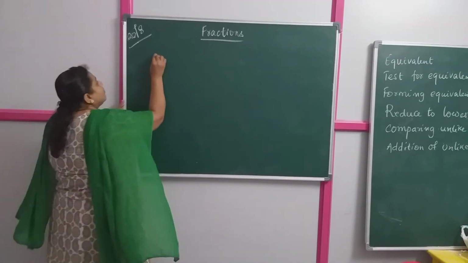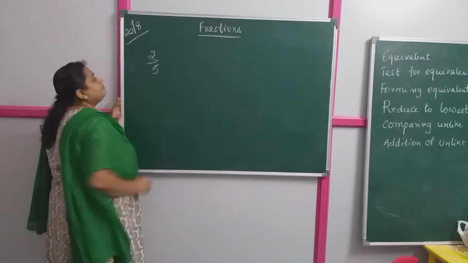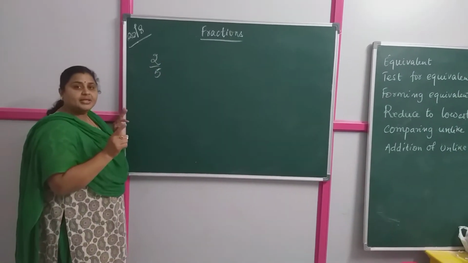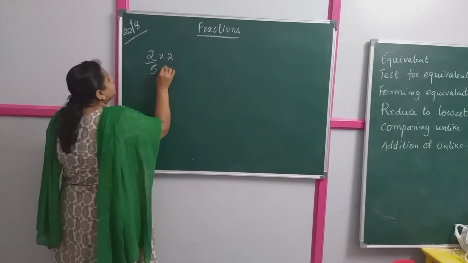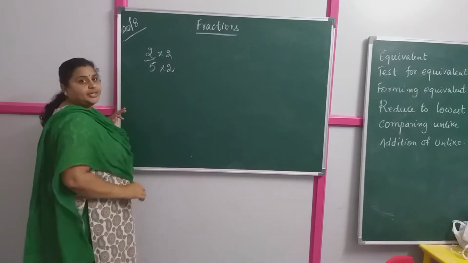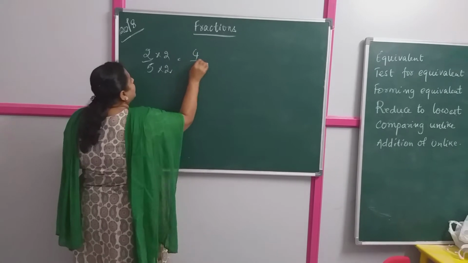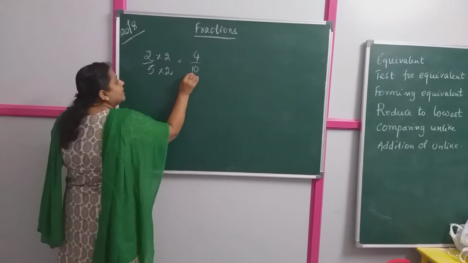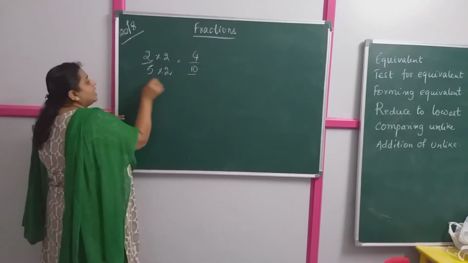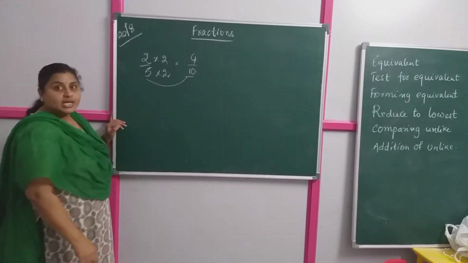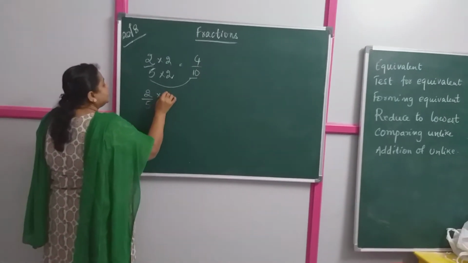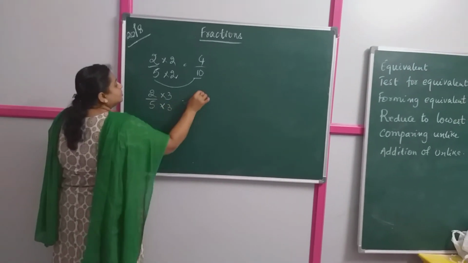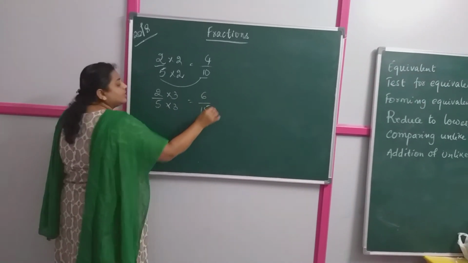Suppose I have 2 by 5. So what I am doing? I am multiplying numerator and denominator with the same number. See, into 2, into 2. What do I get? 4 by 10. So 4 by 10 is called the equivalent fraction of 2 by 5. Now another fraction: same 2 by 5 into 3, into 3. 2 3s are 6, 5 3s are 15.